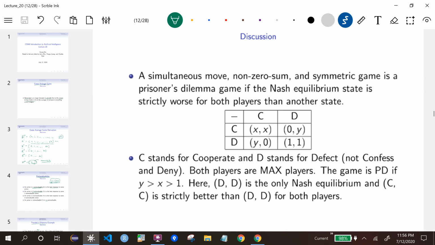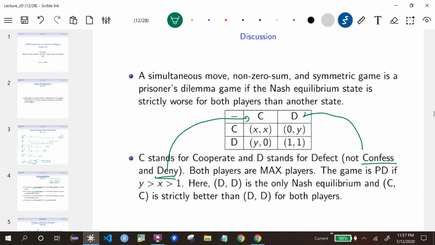So if they do not confess, then we're not sure. They can either confess, which we will use the notation D for some reason, and they can also deny, and we'll use the notation C.